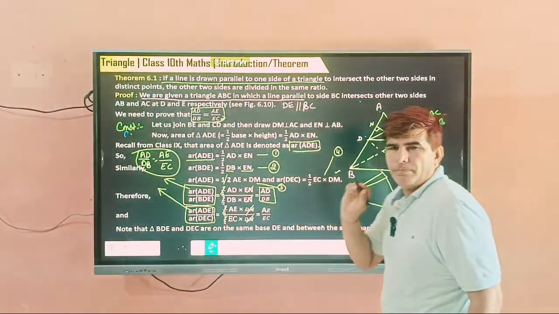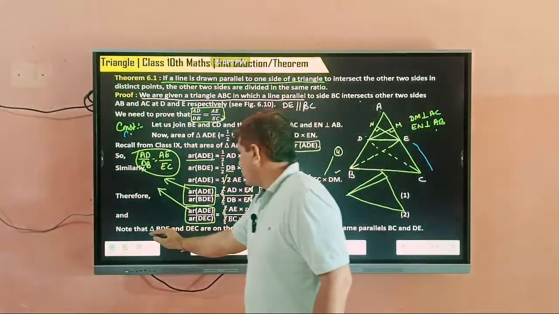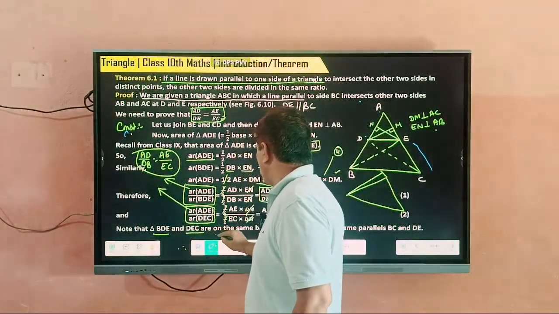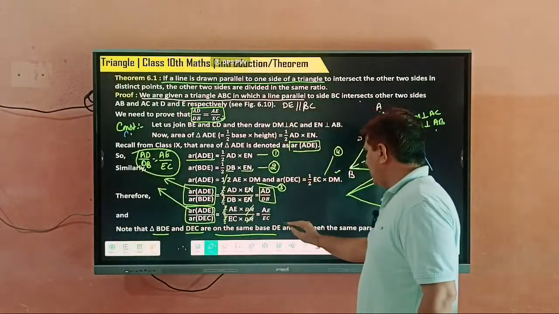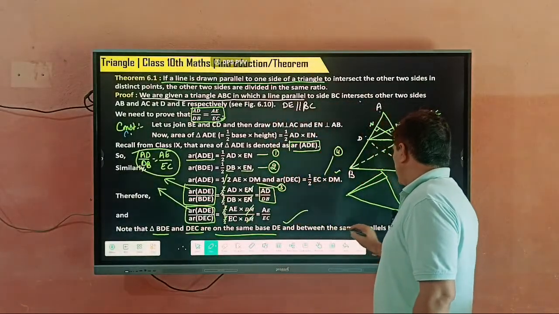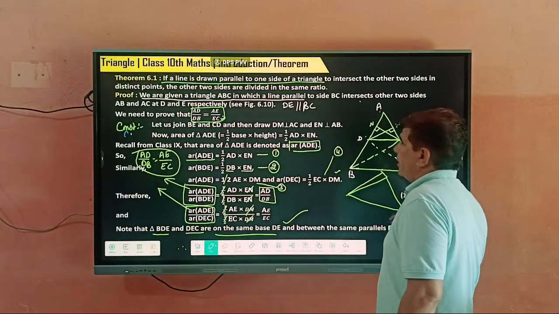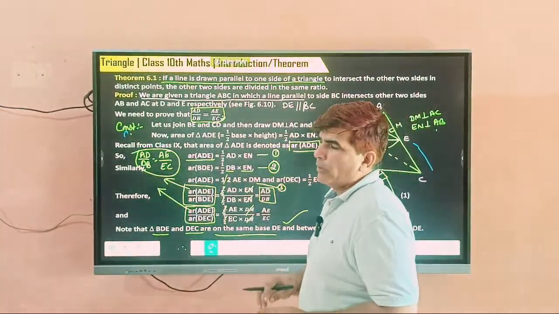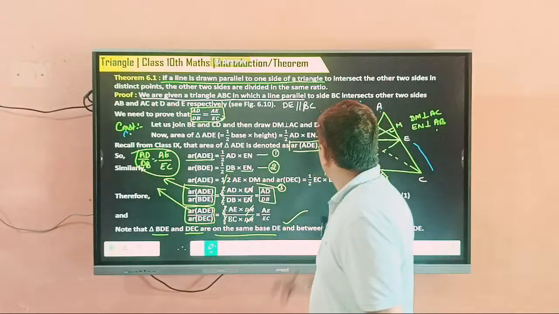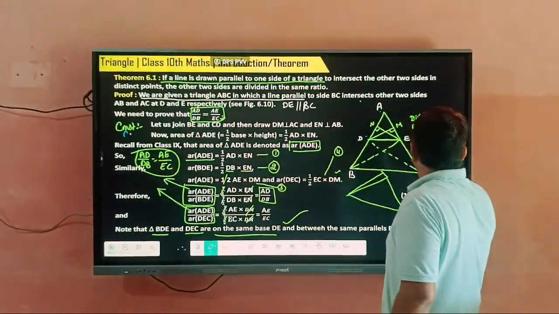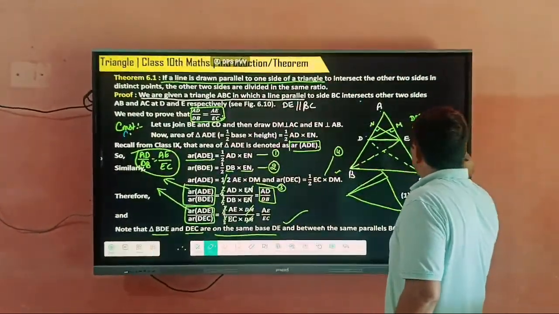And this is parallel to this. So this is the theorem. Note that triangle BDE and DEC are on the same base DE and between the same parallels, because DE is parallel to BC.